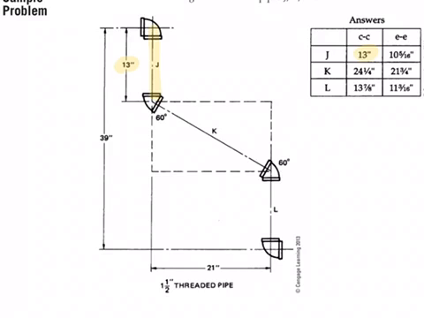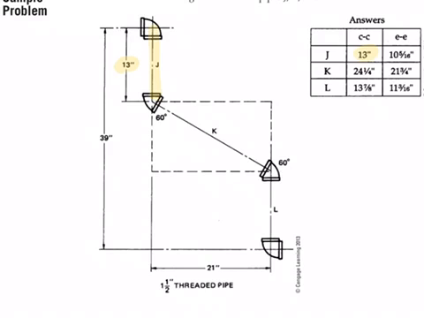So we are going to, in the back of our books, go to table 5, I believe. On table 5, it is on page 264. We are going to use a 90-degree fitting, and we also have a 60-degree fitting.